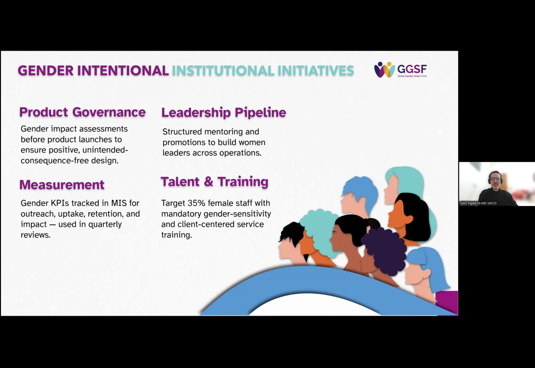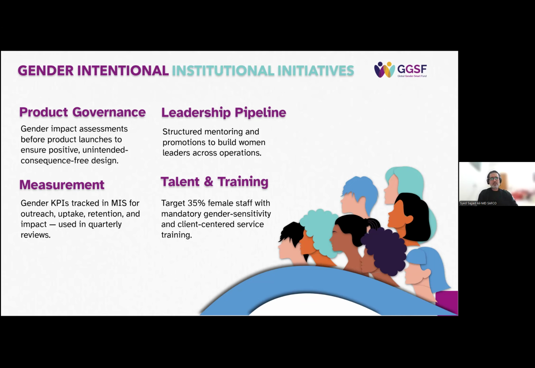So we always had focus group discussions with the borrowers about what they needed and what they wanted us to provide. We did a gender impact assessment before the product launch, and the results were positive in terms of the design of the product. So the governance structure, particularly to frame the product, is important so far.